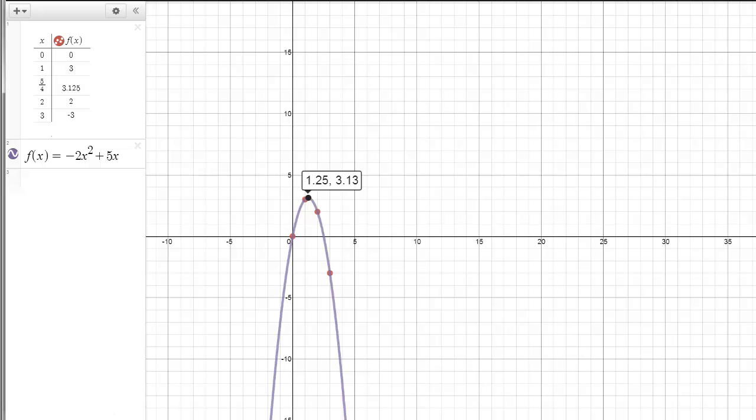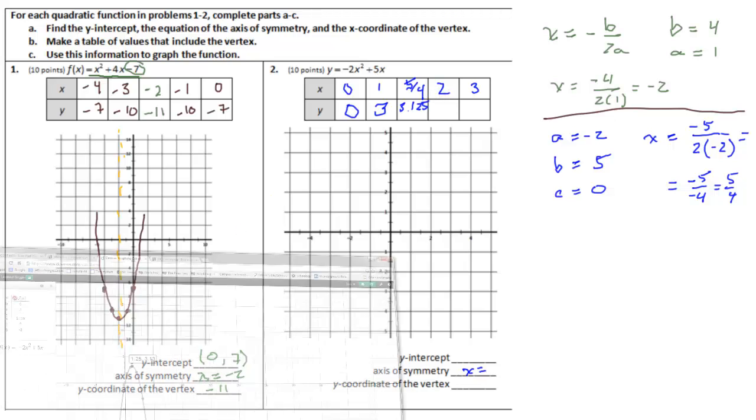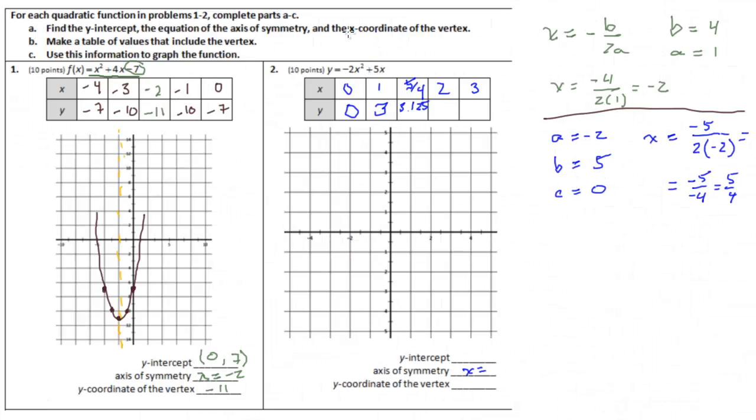Let's put those into our table here. 0, 0. 1 was 3. This was 3.125. 2 was 2, and 3 was -3.